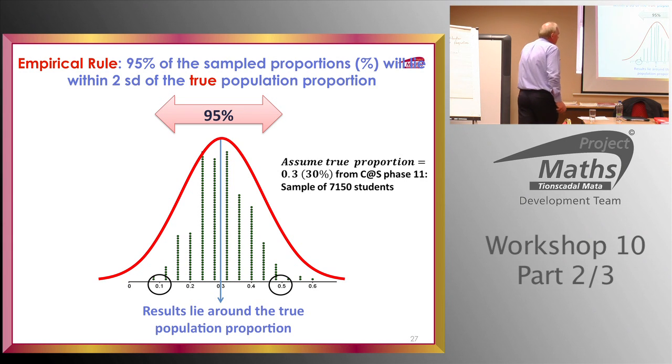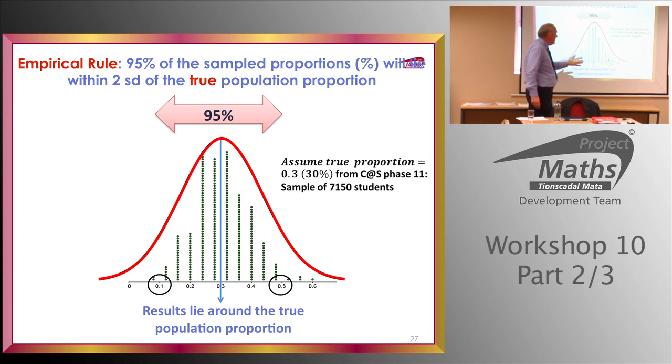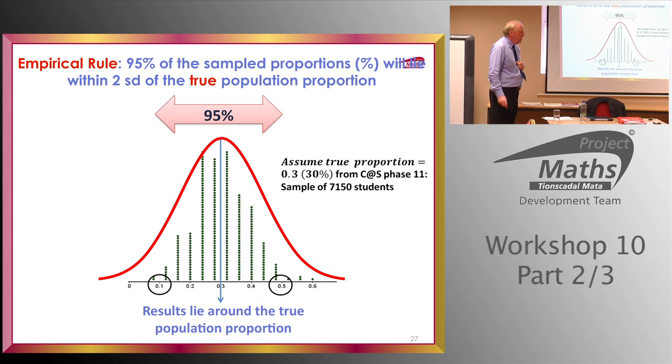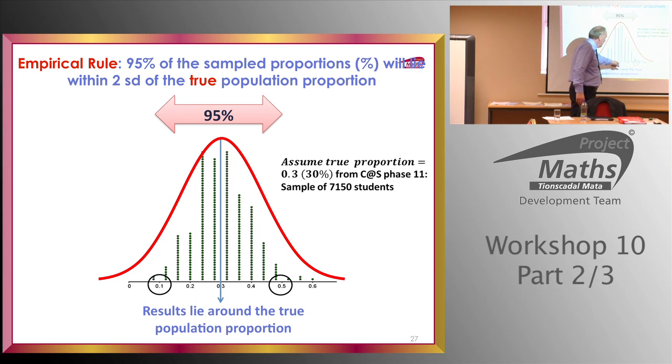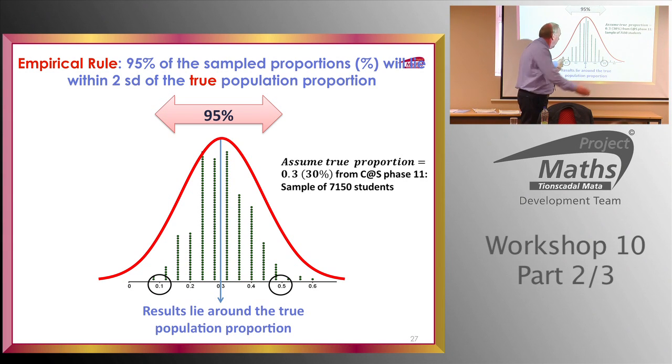Okay, now, if I move out 95%, roughly 20% on either side of it, so between 10% and 50%, I could say that roughly 95% of the sample proportions lie in that interval between 10% and 50%. So now I have an estimate for the true proportion, roughly around 32%, and now I'm getting an interval.